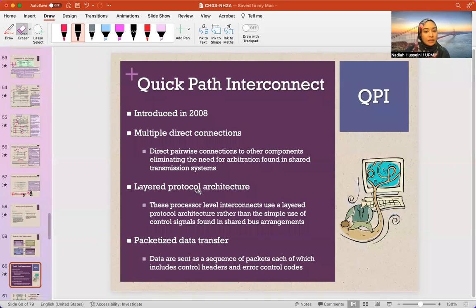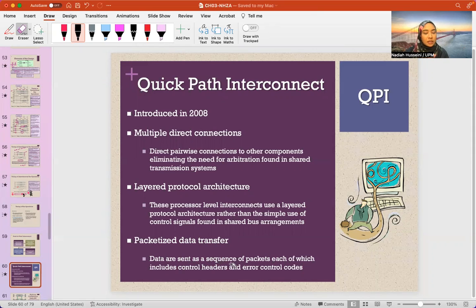And then we have layered protocol architecture. These processor-level interconnects use a layered protocol architecture rather than a simple use of control signals like the bus controller in a shared bus arrangement. So instead of having one controller doing everything, they have layers to distribute the task. And then we use packetized data transfer.